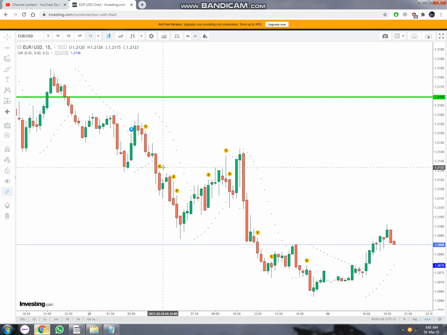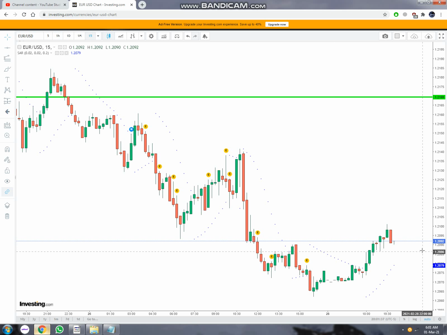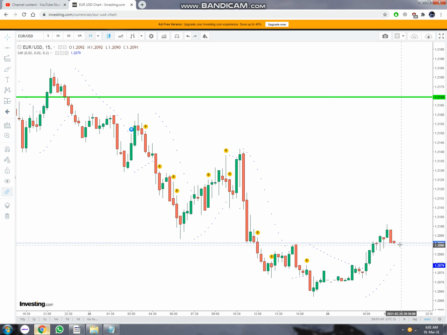Now you can see that this line is acting as a resistance level. As it is trading right now at this level, if it breaks this trend line beneath and starts to trade upward, it is a break and retest level. If it trades below, it is not a break and retest level, it is something else.